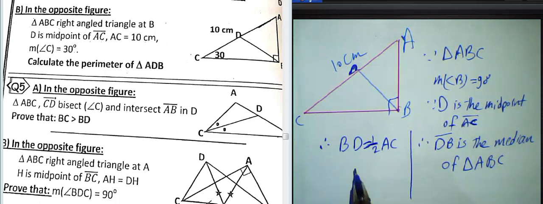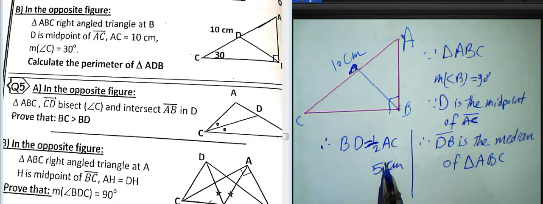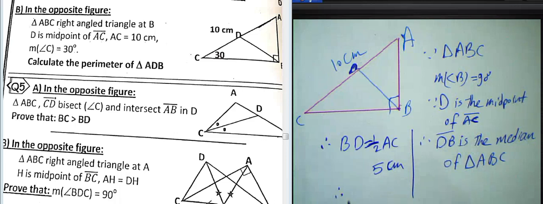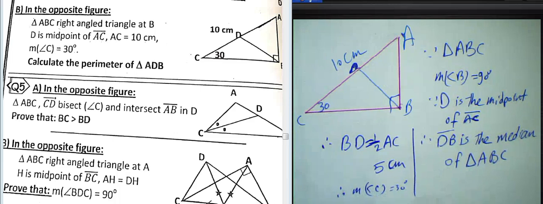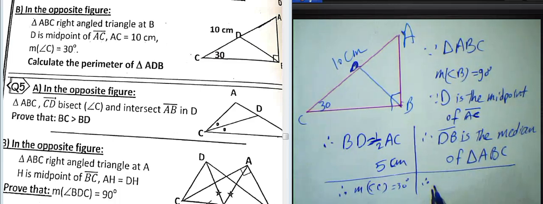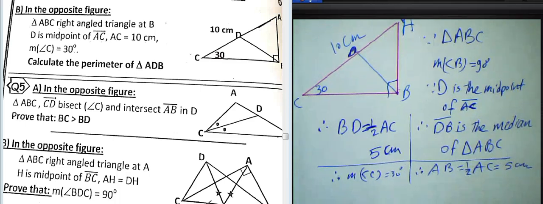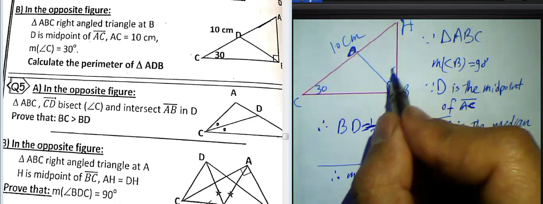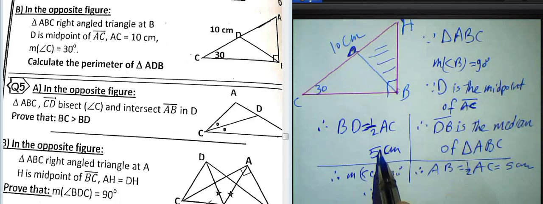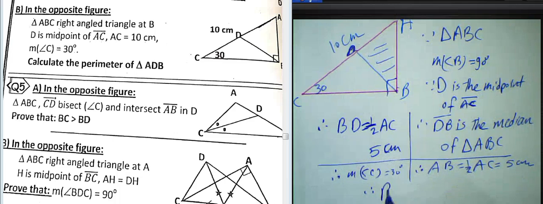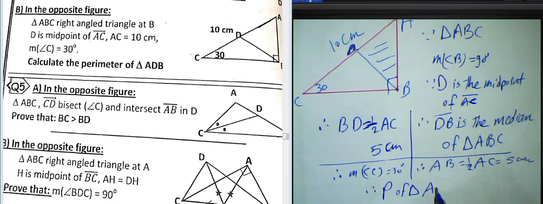Half of AC equals 5 centimeters, and we have an angle here of 30 degrees, such that measure of angle C equals 30 degrees. Then AB will be half of AC equals 5 centimeters, and then we can find the perimeter of triangle ABD.